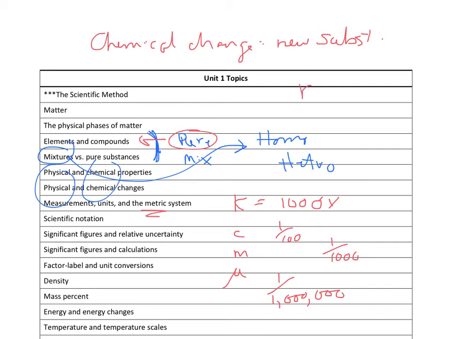You guys are doing pretty good, but just know how to round. If you're adding or subtracting, you round according to decimals. And if you're multiplying or dividing, you round according to sig figs.